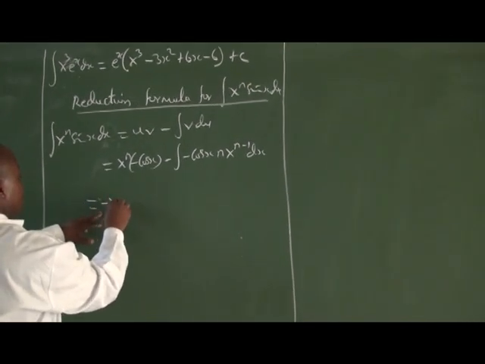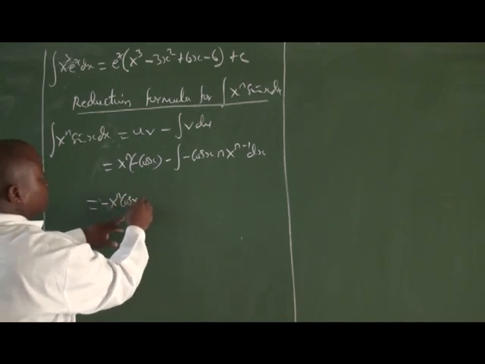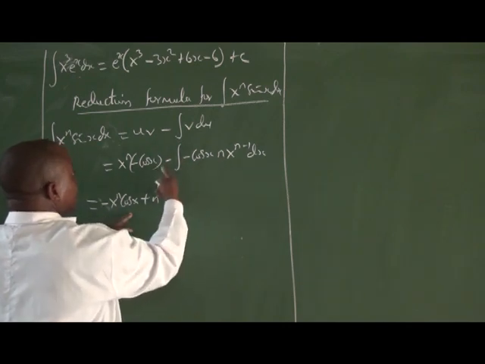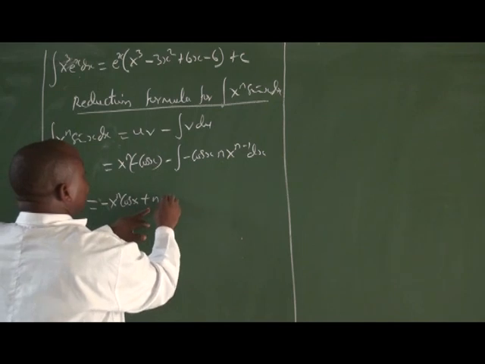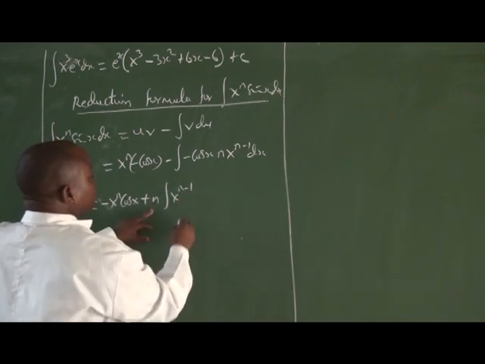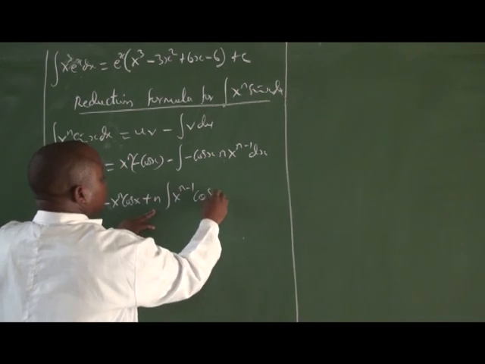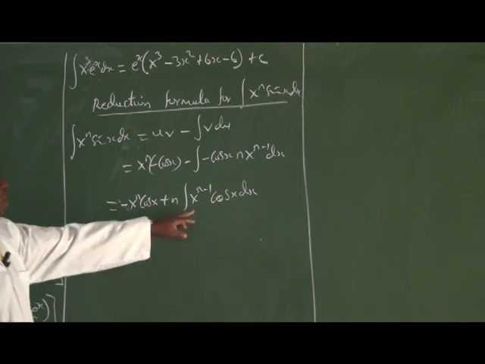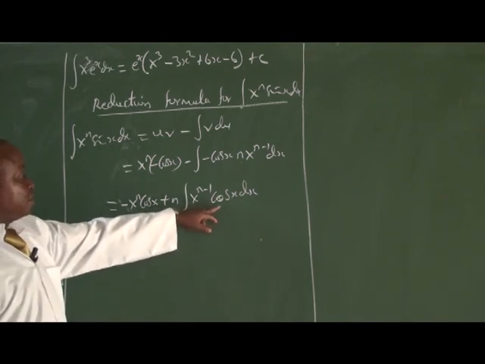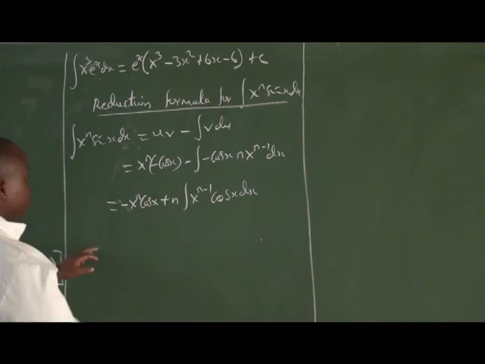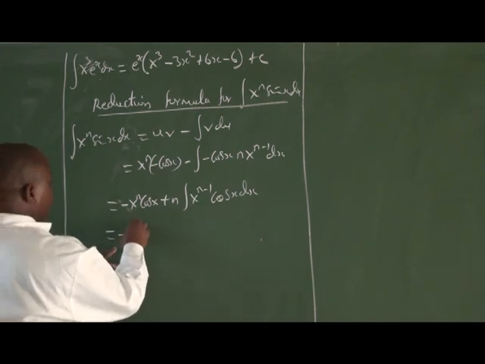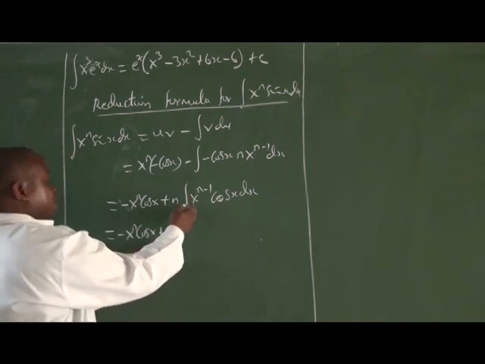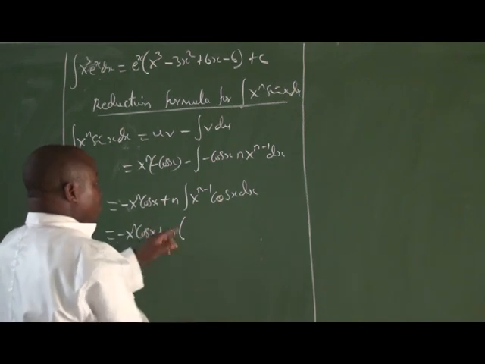And that will give us minus x^n cos x plus n, bring n out, and then we will have the integral of x^(n-1) cos x dx. So we cannot stop here because this is cos. We need sine where we started. So we can go again and say minus x^n cos x plus n times, yes, we integrate this, which will give us u.